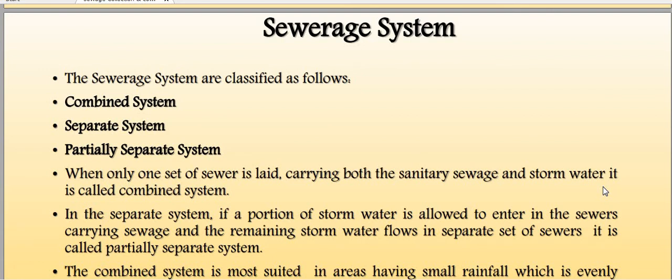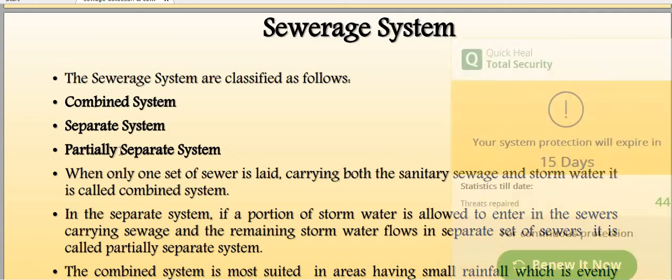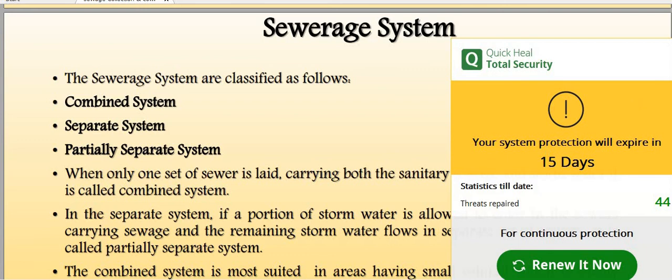And the partially separate system is the improvement of both systems. It carries two systems, one for storm water and one for sewage, but it allows a quantity of storm water to flow into the sanitary sewage section.